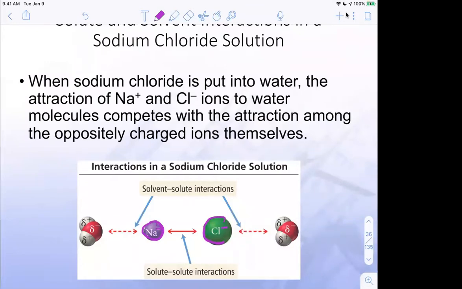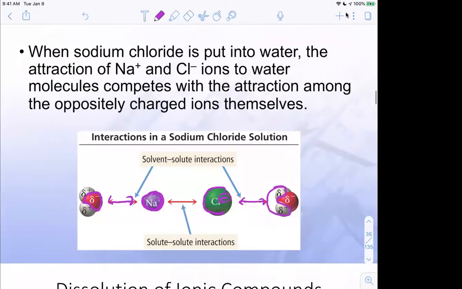So my positive sodium ions are going to be attracted to the partial negative parts of the water. My negatively charged anions are going to be attracted to the partial positive hydrogen part of water. These solute-solute interactions are going to be replaced with solvent-solute interactions. And if this interaction is strong enough, then I will have a solution form.